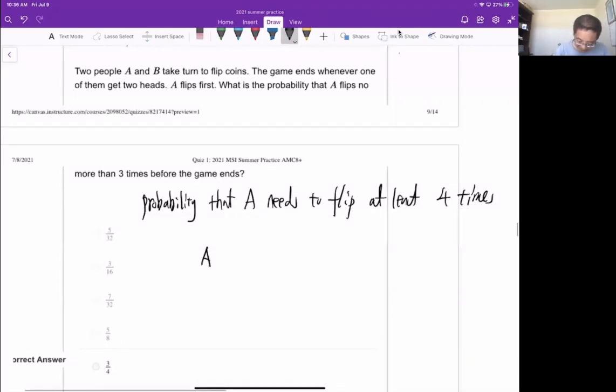Say A goes first, and then B, and then A, and then B, and then A. If A needs to flip at least 4 times, then if I look at the first 6 flips, 3 for A and 3 for B, none of them, neither A nor B, gets 2 heads, right?